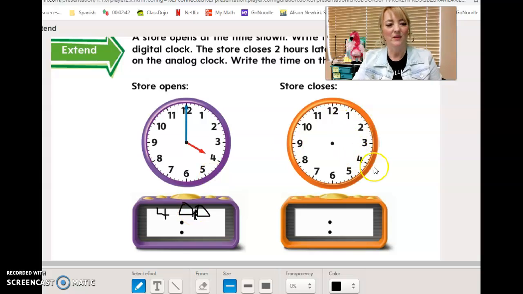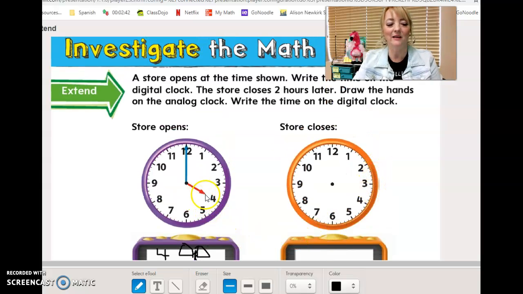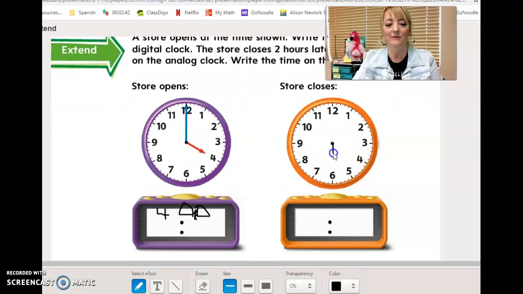The colon separates the hours and minutes. O'clock. What time does it close? 2 hours later. So the hour hand would go 1 hour. It would be on the 5 o'clock. And another hour the hour hand would be on the 6 o'clock. The minute hand would have gone around twice for 2 hours. So we're going to say, well, the store closes. It's not open for very long.